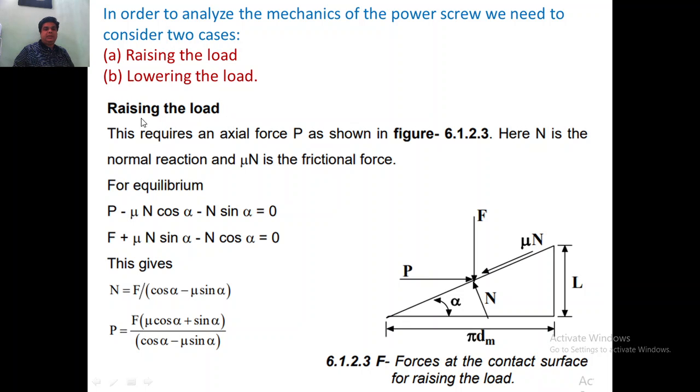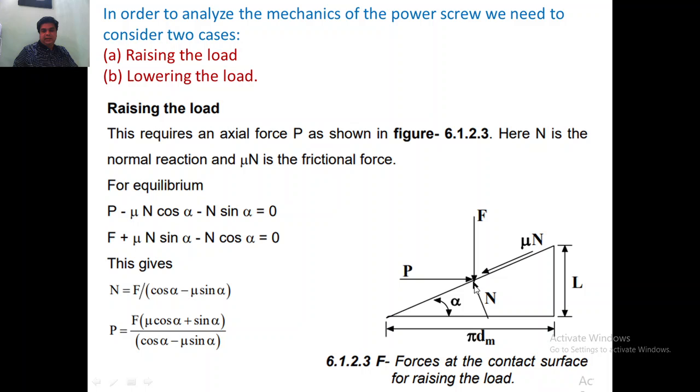So this is about raising the load, and this is the development of that single thread. Just now we saw this is alpha, this is the inclined plane, and on this inclined plane the load is applied here. You are raising the load now, so whatever load is there has to be raised.